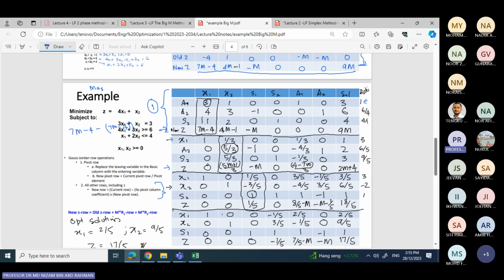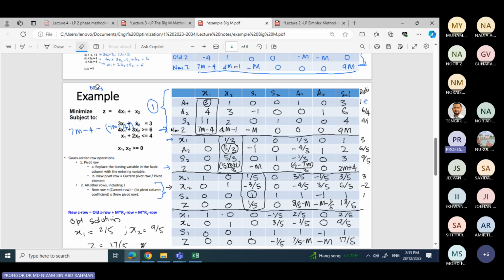In this particular case, the new pivot row is equal to 1. So times 1. Then basically you have 7m minus 4 minus 7m minus 4, you have a 0. That's why you have a 0 here.